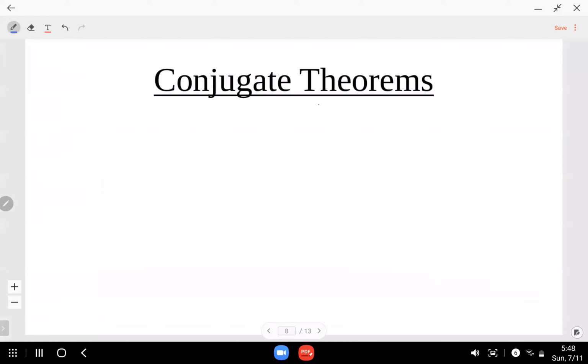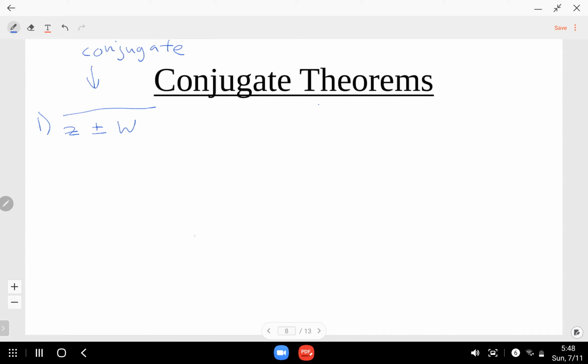Okay, so the first one is that the conjugate of z plus or minus w, and this bar here means conjugate. So a bar means conjugate when you're working with complex numbers.